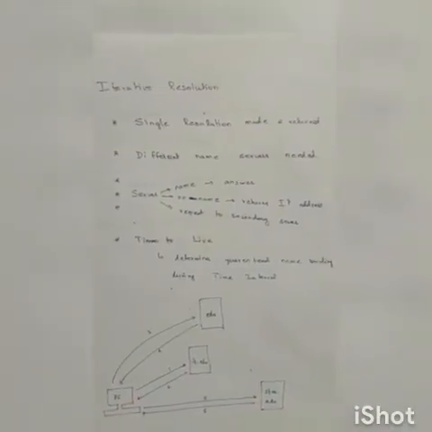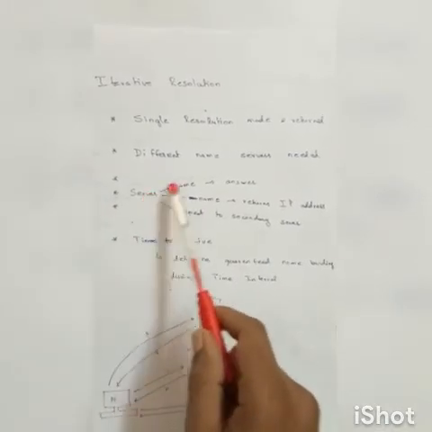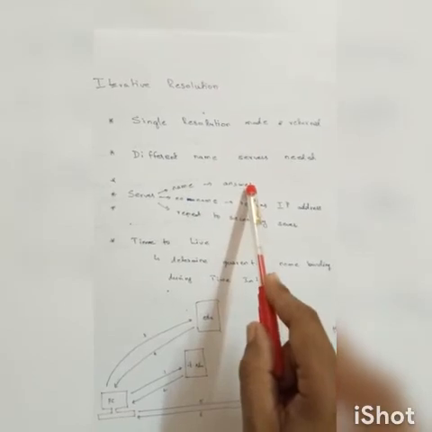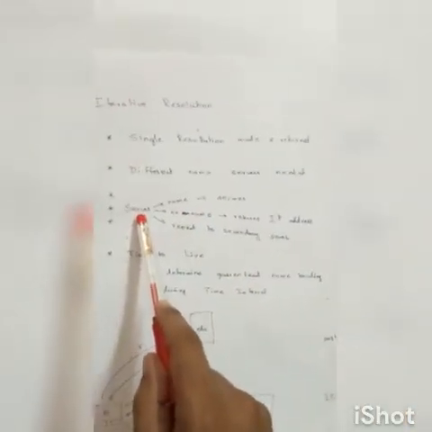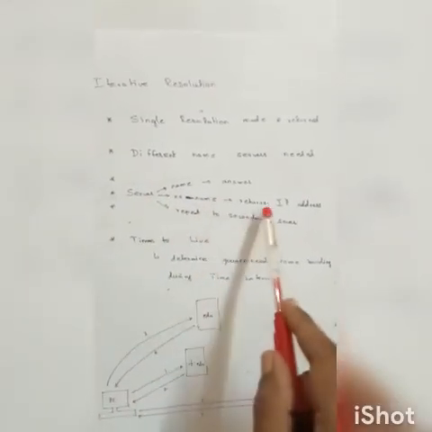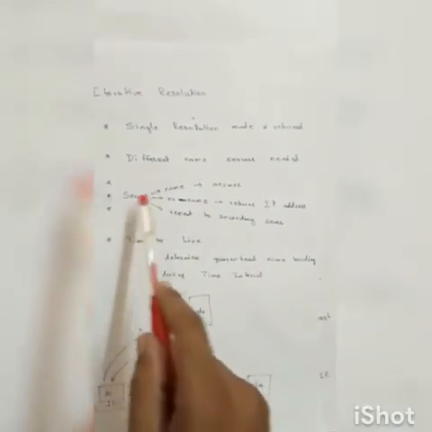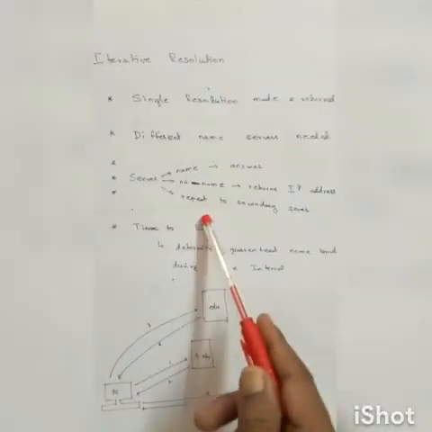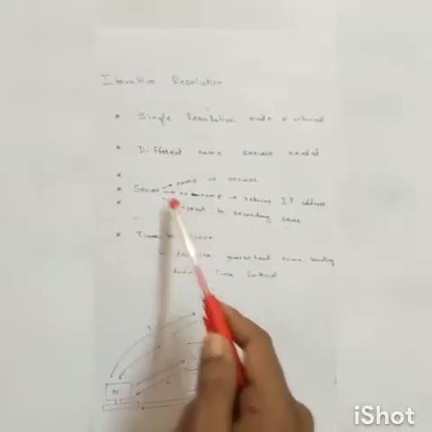You can ask the server machine number and get the IP address back. So if the name is known, you'll get the answer directly from the client and the server. And when the server works on a no-name client, it returns the IP address. These two work with your name and no name, and this one happens with your secondary server. When a server fails, it will get connected to the secondary server.